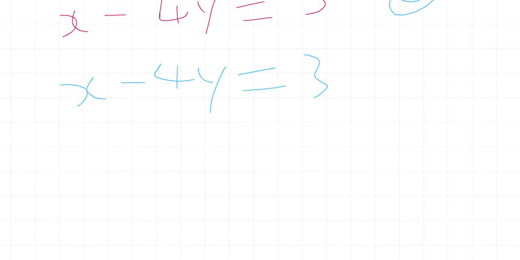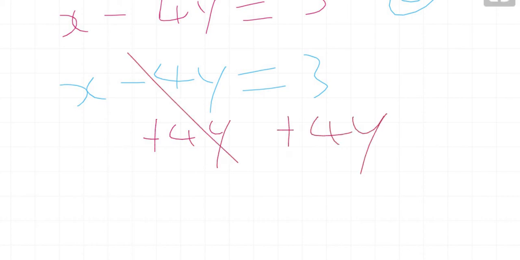So we can just add 4y to both sides, and that cancels that, and so x will be equal to 3 plus 4y, and that's the objective, having one of the variables being equal to something in terms of the other variable.